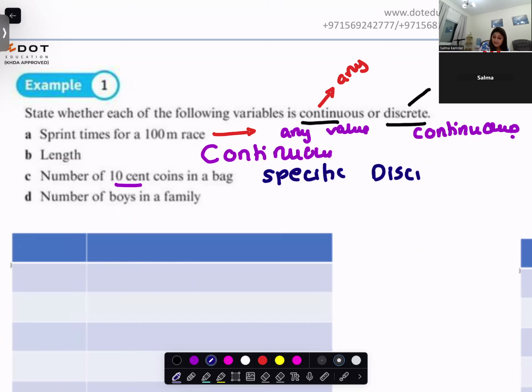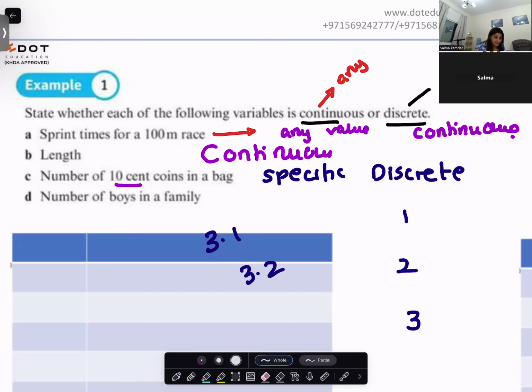Why? Because it is going to take a specific value. Either there will be one coin, or there will be two coin, or there will be three coins, but you will not have something like 3.1 or 3.2. Such number of coins will not be there. So there is not a value which would be within a specific range. It is a specific value.